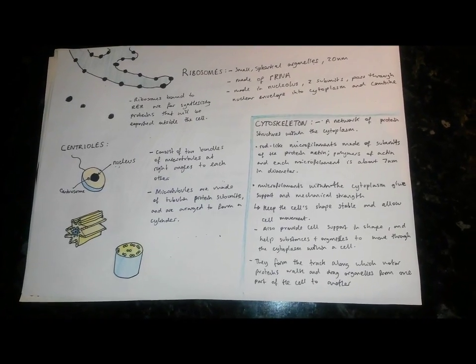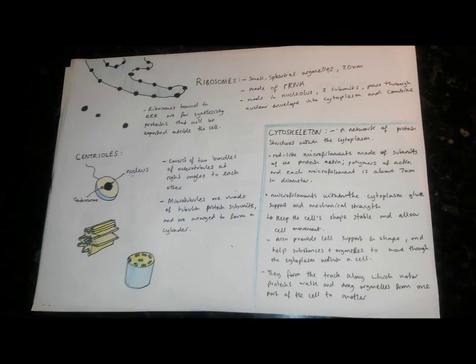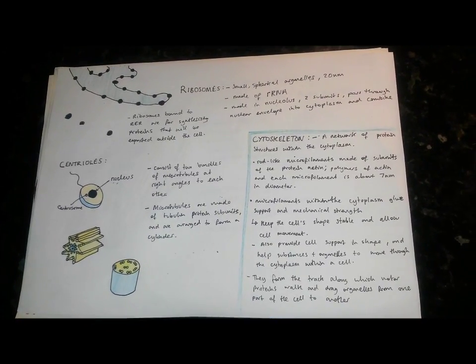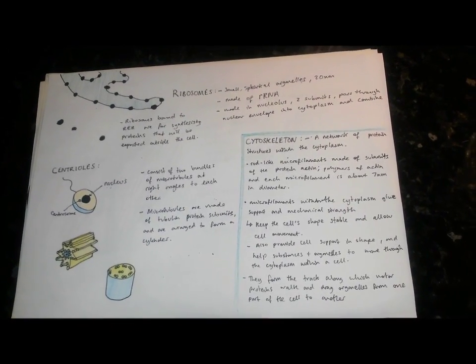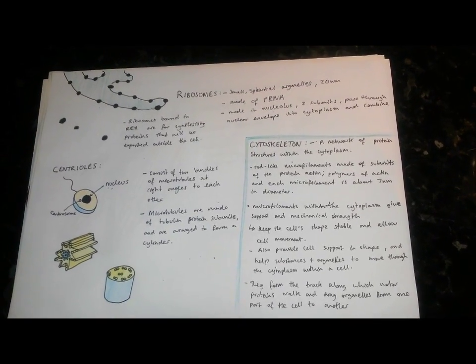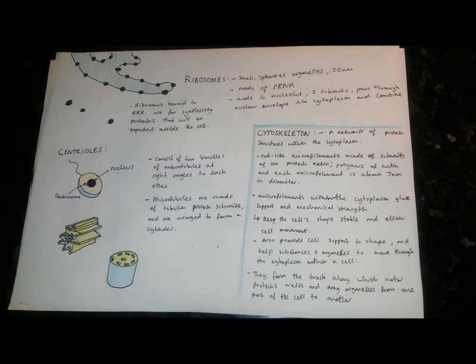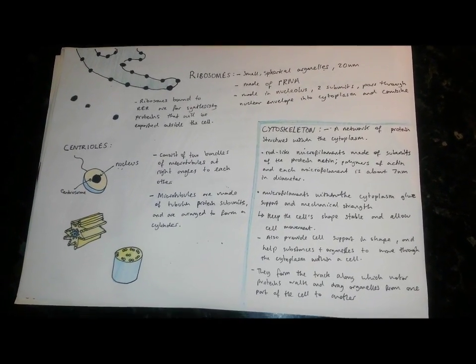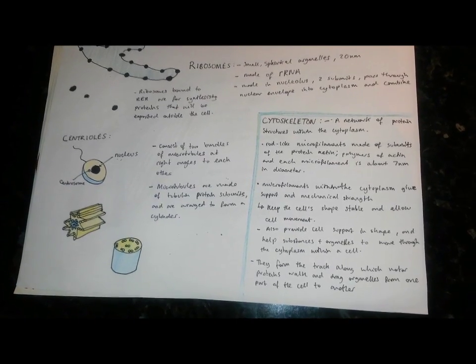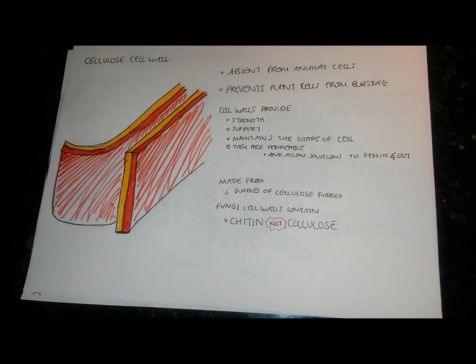Microfilaments within the cytoplasm give support and mechanical strength, so this keeps the cell shape stable and allows for cell movement. It also helps substances and organelles to move through the cytoplasm within a cell. They form the track along which motor proteins walk and drag organelles from one part of the cell to the other.